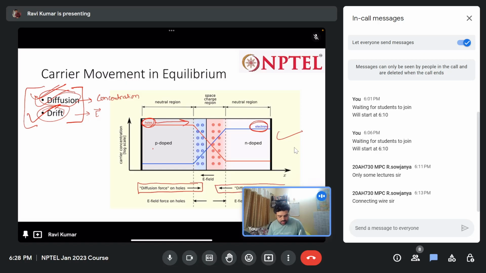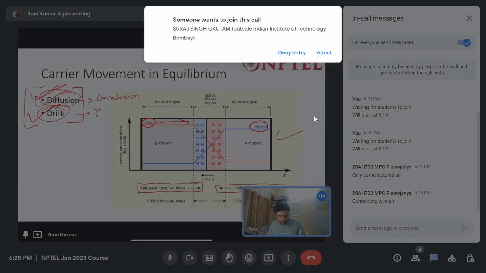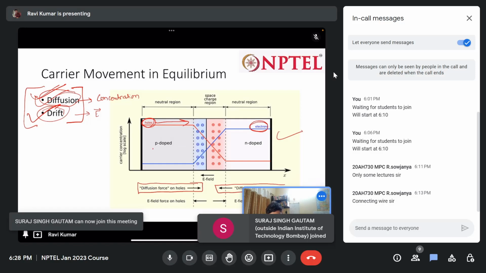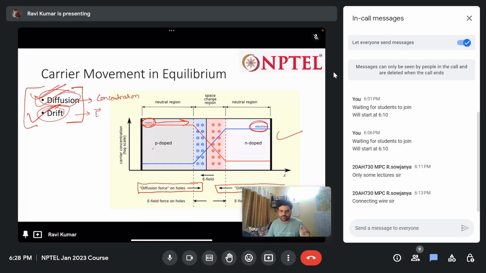Now is the electric field direction from positive to negative or negative to positive? Positive to negative.